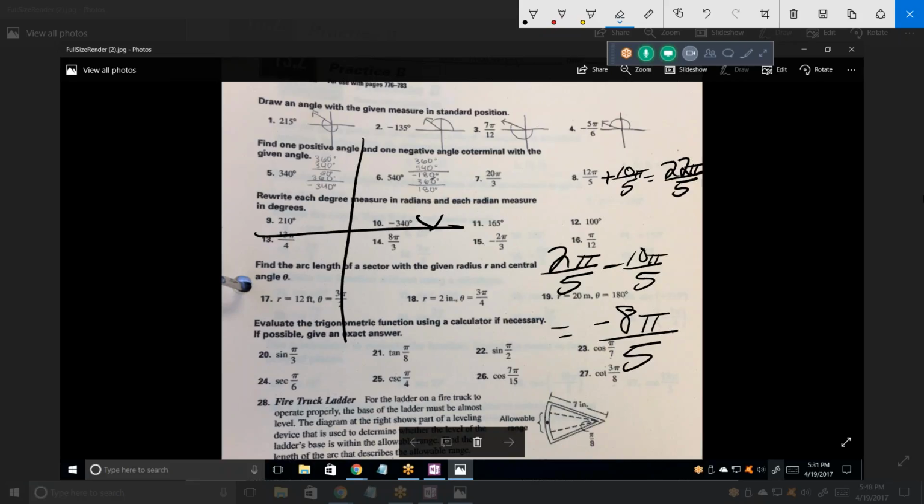So if you're trying to find a positive and a negative, work towards the unit circle. Once you get your positive angle inside the unit circle, subtract 2 pi from it, and you'll have your negative angle. Okay. Again, I could subtract another 2 pi from that and have another negative angle.